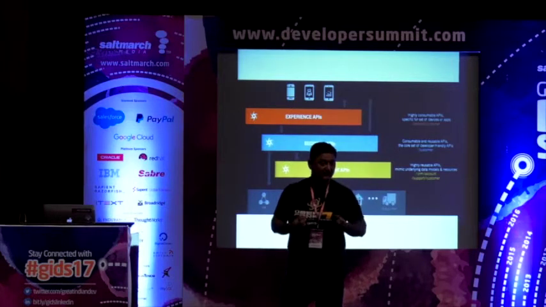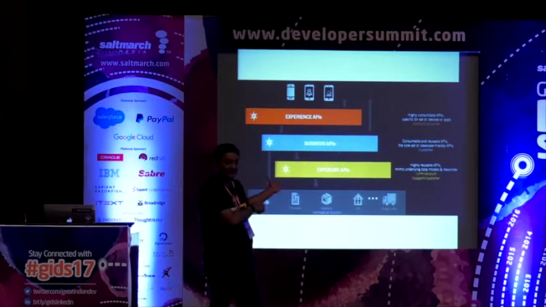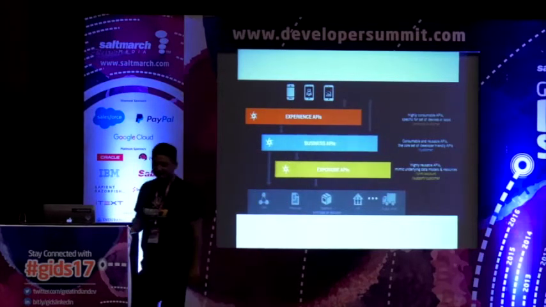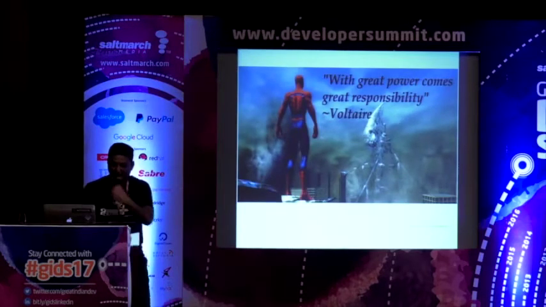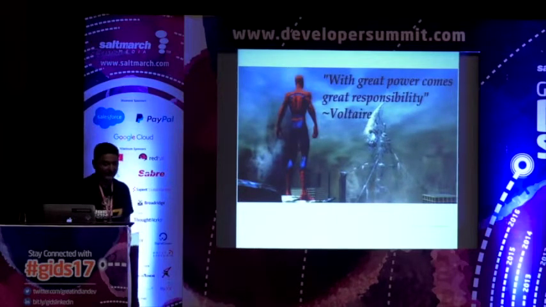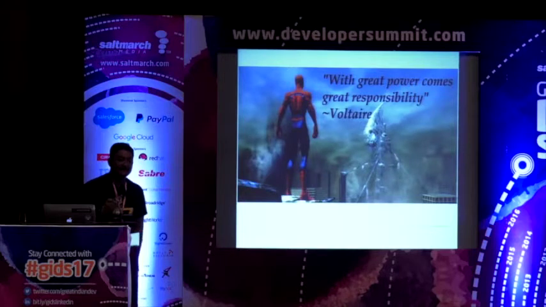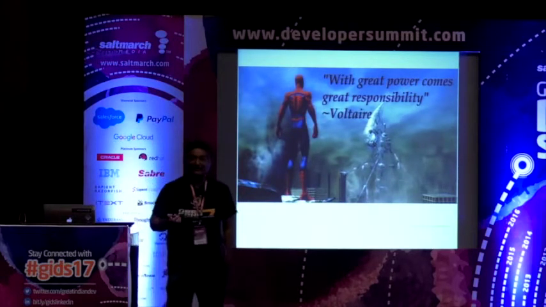So you get a good sense of how these business APIs are getting built, and user experiences are getting enhanced because of this. With great power comes great responsibility. Once you build and publish the APIs, you have to maintain them.